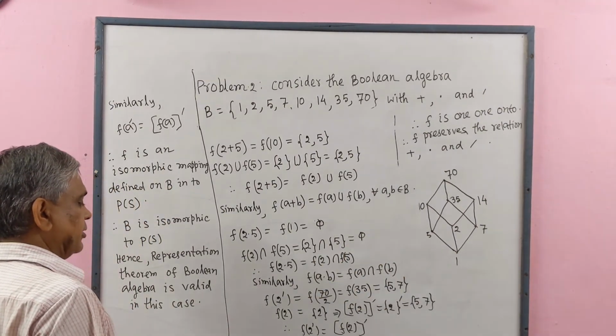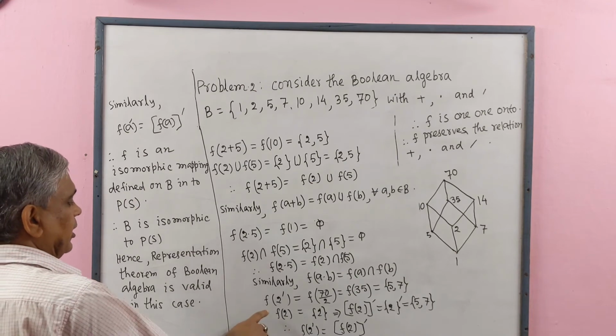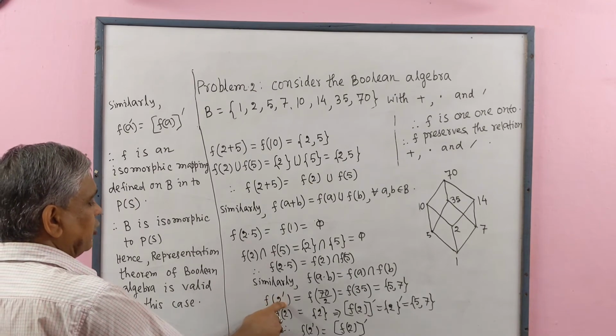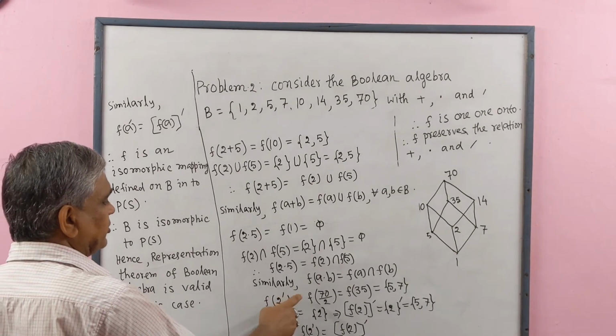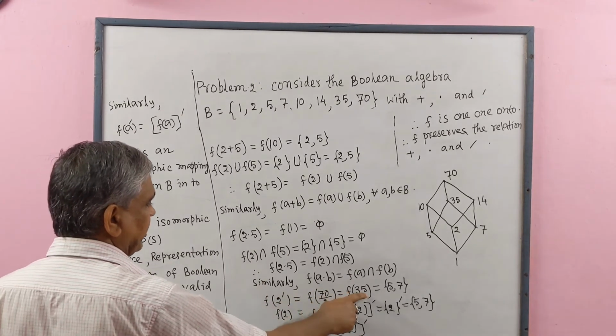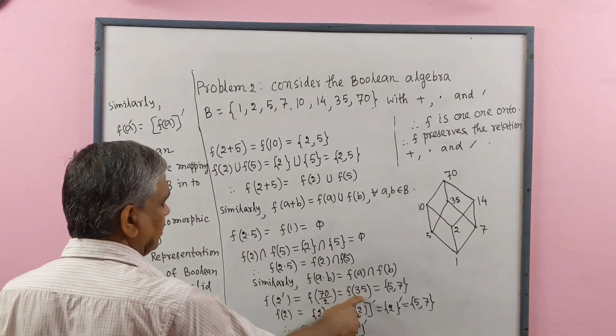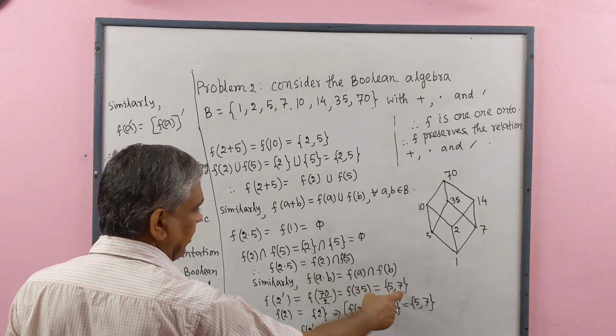Now we show the properties of complement. F of the complement of 2 is 70 by 2, that is 35. F35 equal to a set containing elements 5 and 7.